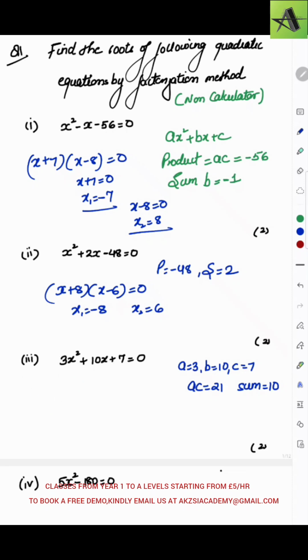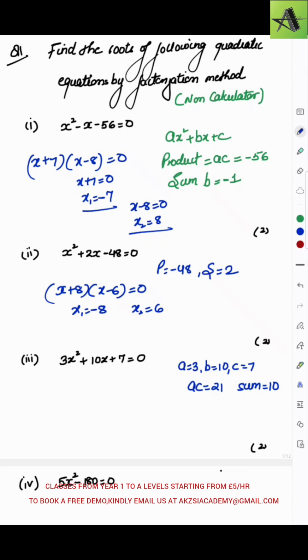But don't write x plus 7 times x plus 3. No, it won't work here because a is not equal to 1 in this case. A is 3. In this case, we have to work conventionally, the conventional method of doing it, which is called splitting the middle term.